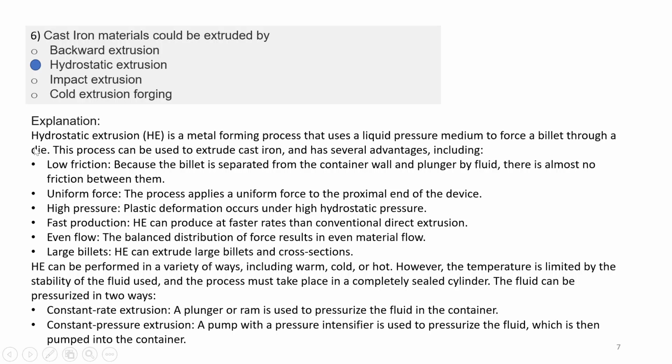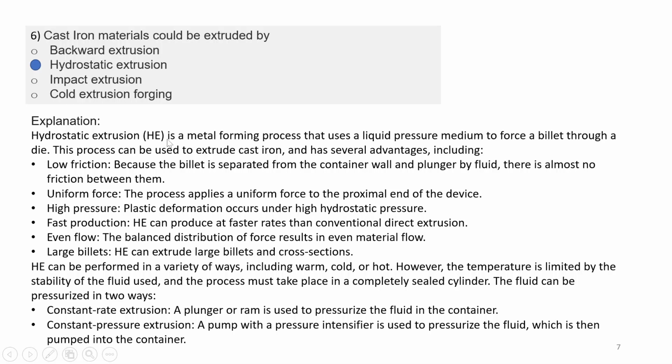In case of hydrostatic extrusion, you can provide extra pressure compared to backward extrusion and impact extrusion, because in those cases you will have to deal with the friction as well. In case of hydrostatic, it reduces that part.